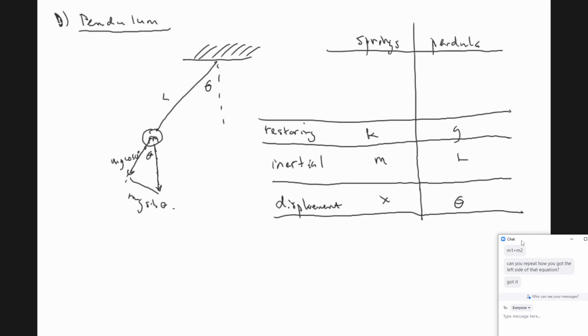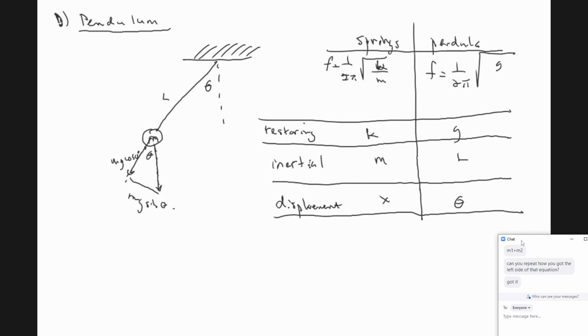So from springs, we know that f is equal to 1 over 2 pi square root of k over m, the restoring component over the inertial component. Same thing for pendulums: 1 over 2 pi square root of the restoring component over the inertial component.